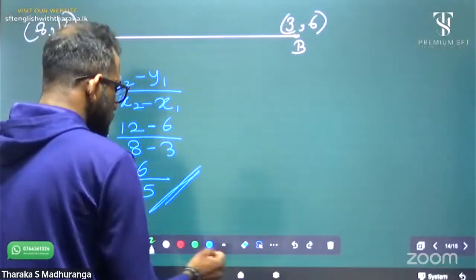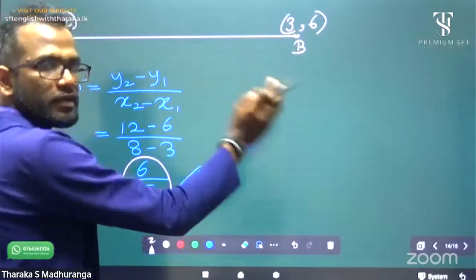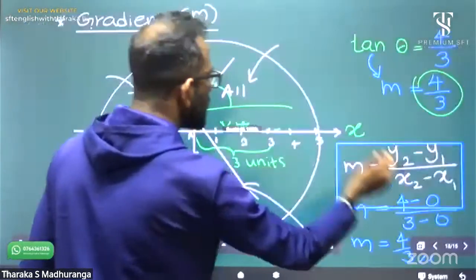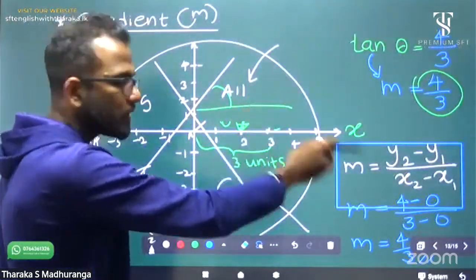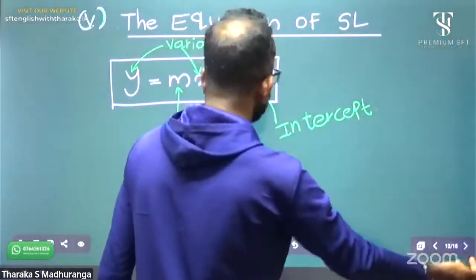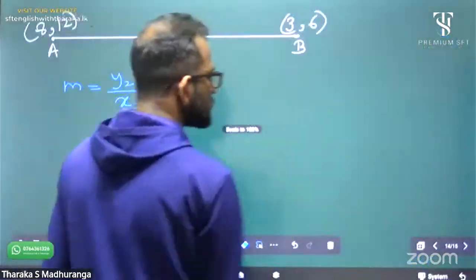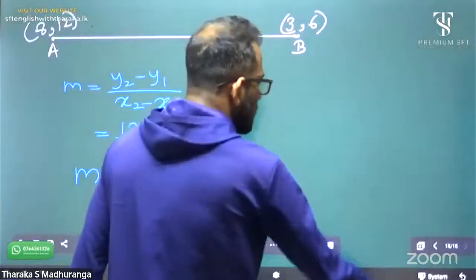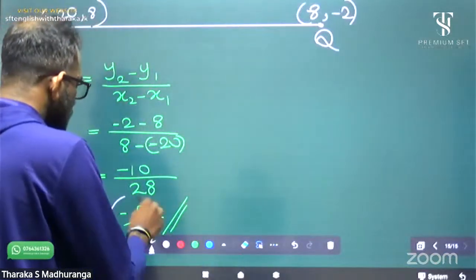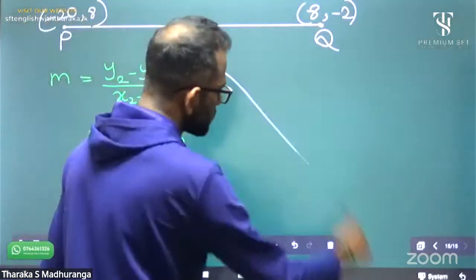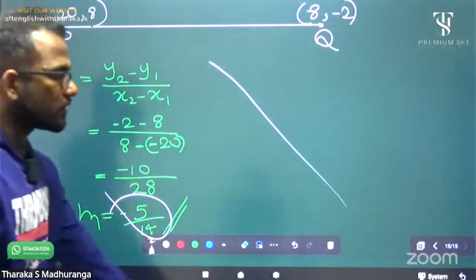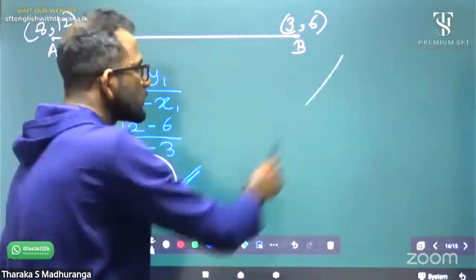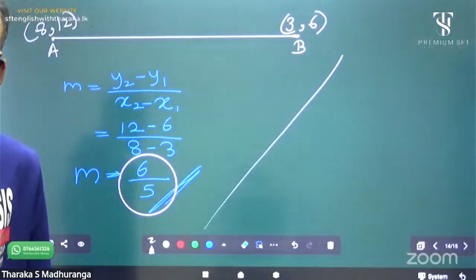The angle is going to the right side direction, right? If you got the next answer, it's a minus value. Therefore, you can say this is the shape of this straight line. Understood?